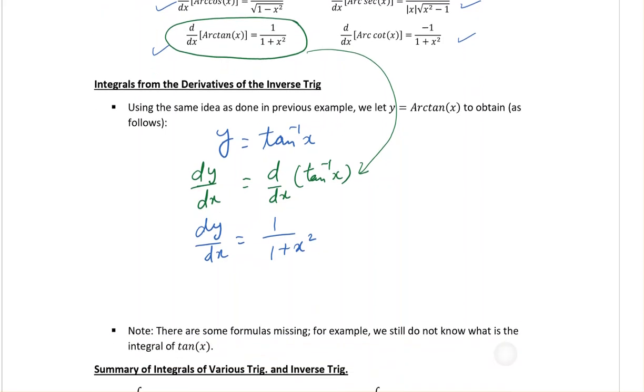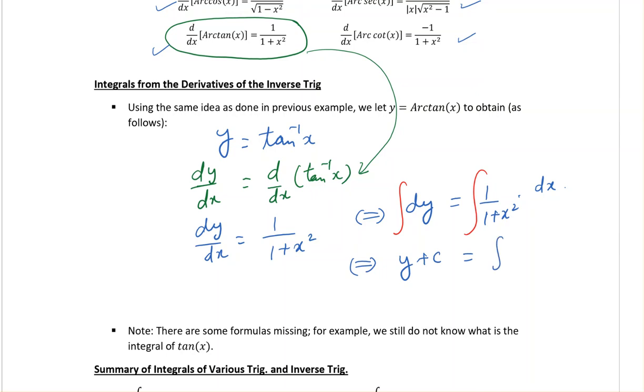We can write this in differential form: dy is equal to 1 over 1 plus x squared times dx. Again, like we have done previously, we take the integral on both sides of the equation, and from here we get y plus c is equal to the integral of 1 over 1 plus x squared dx. I'm going to name this number 2.